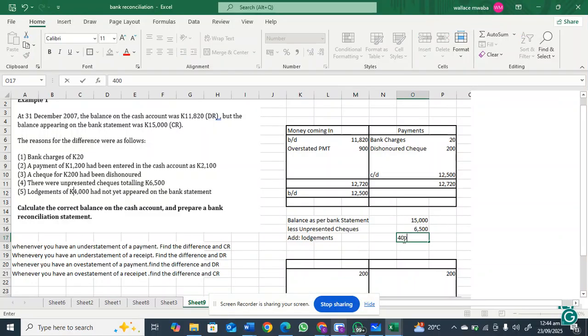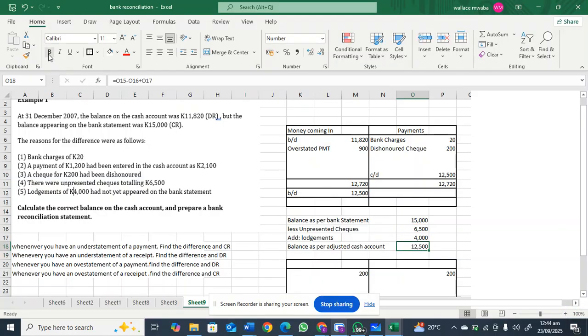We're supposed to end with the balance as per adjusted cash account. So we're going to say 15,000 minus 6,500 plus 4,000, you get 12,500. Right, which is supposed to be the same as the adjusted cash account.